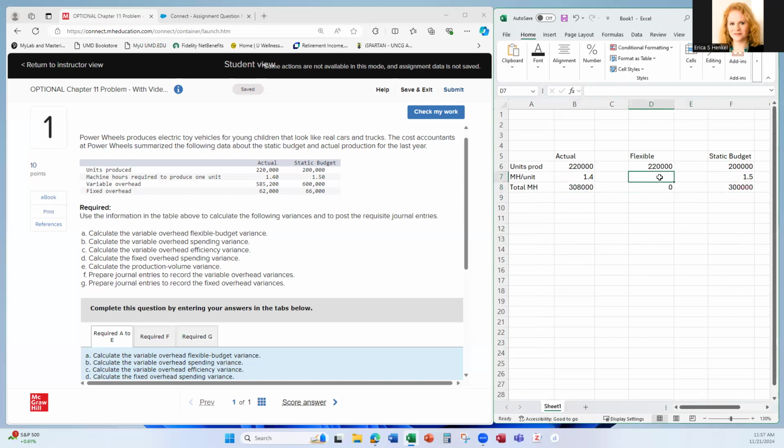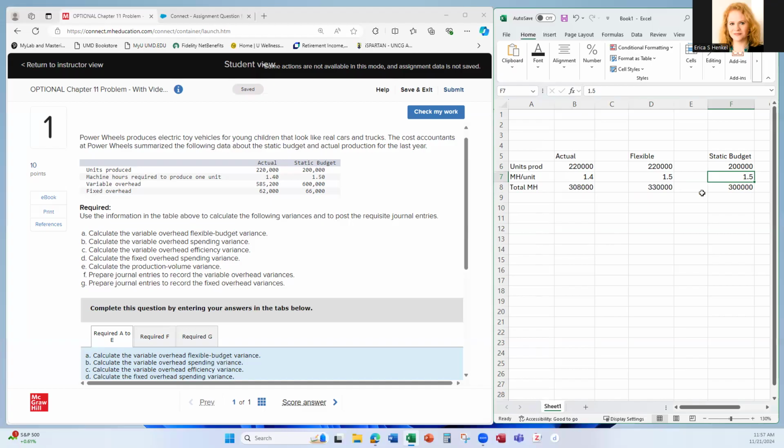Okay, but it's also going to be based on the actual number of units of production ramped up at our standard number of machine hours here, right? So notice these two match each other, okay? All right, so that gets our total machine hours. So we've figured out the actual total and flexible budget total here, as well as our static budget amount.